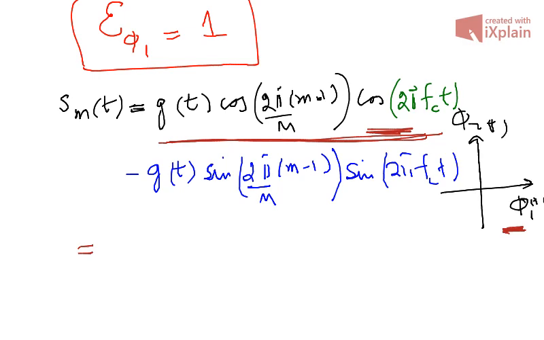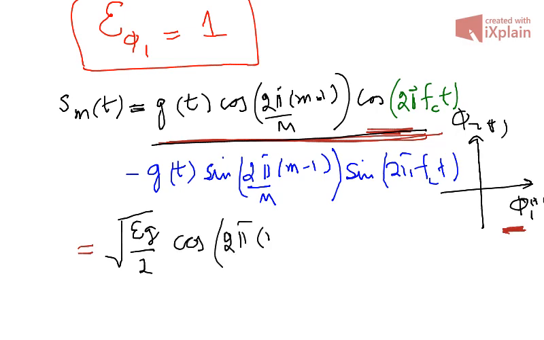You have, let me write it and then I'll explain, right? Let me write it for you. This whole term can be written as under root Eg over 2 cos of 2 pi (m minus 1) over capital M and phi 1 of t.